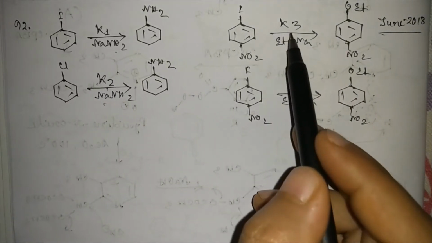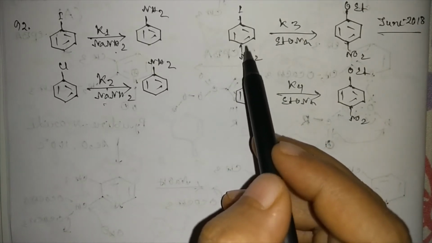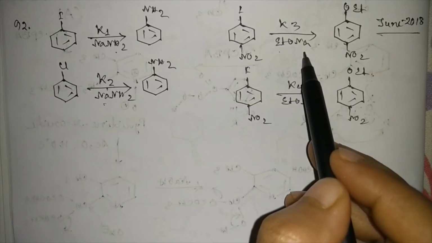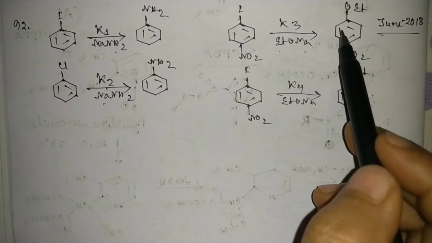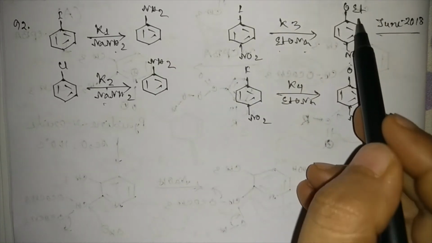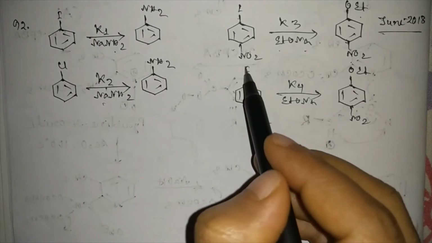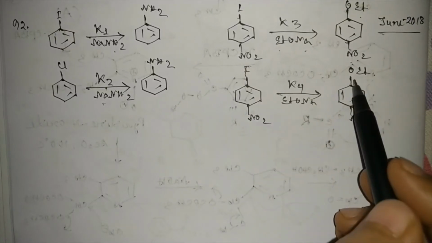And another pair of reactions: para-nitroiodobenzene with NaOEt, sodium ethoxide, where iodine is substituted by OEt, and para-nitrofluorobenzene, where fluorine is substituted by OEt.